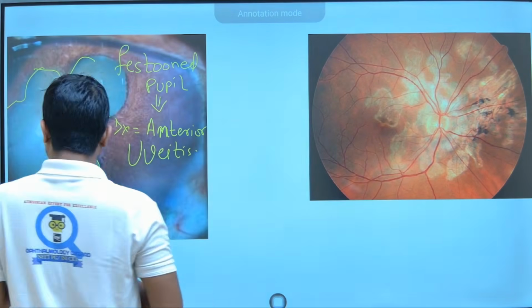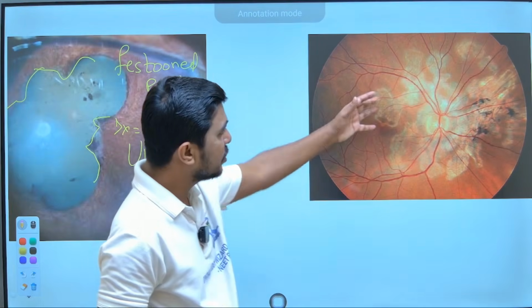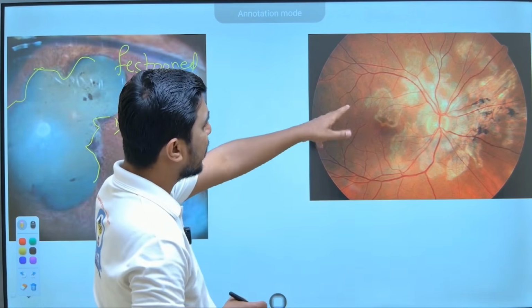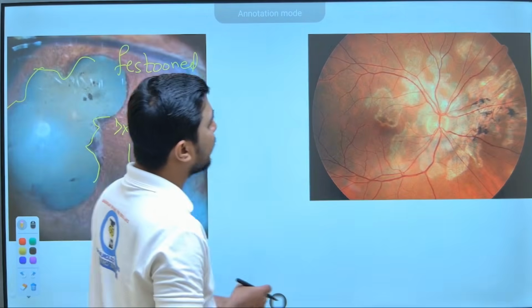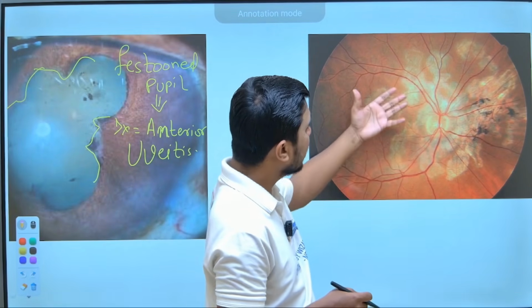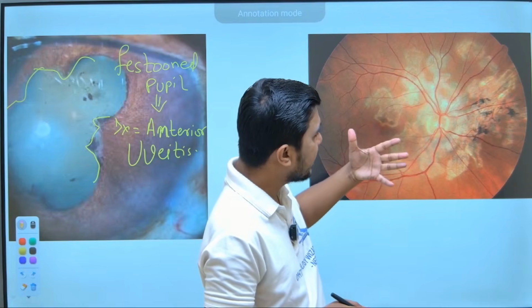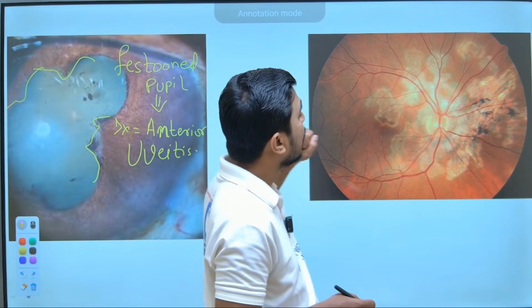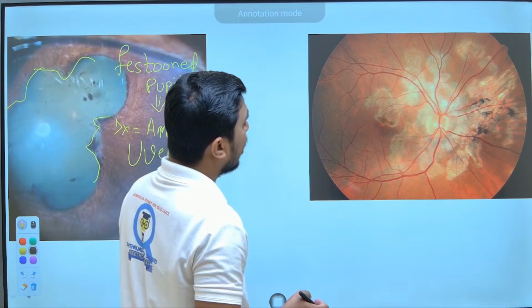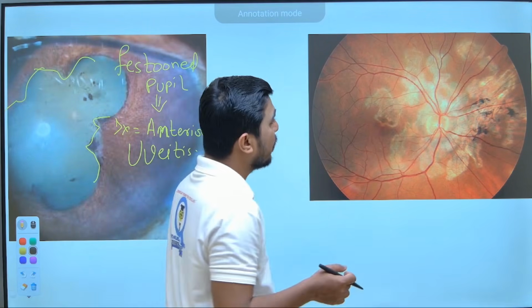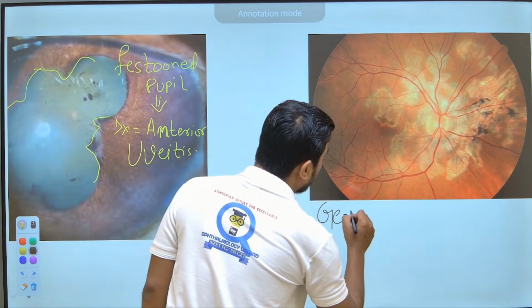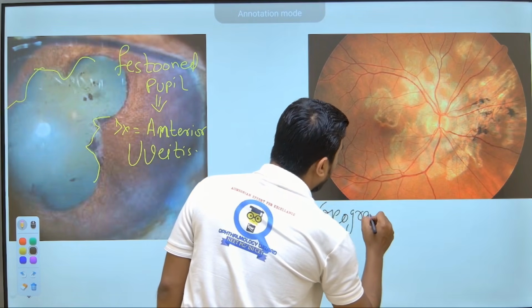Coming to this second MCQ. What you are seeing here is fundus photography with a geographical type of pattern. This is not in the retina; it is coming from behind the retina. So when you see this type of picture, the diagnosis should be geographical.